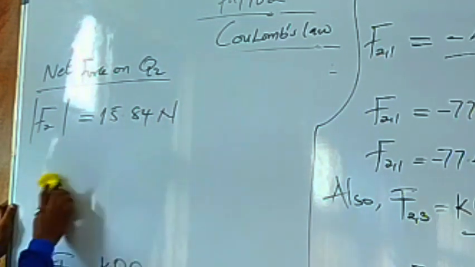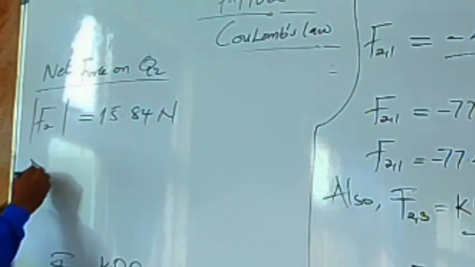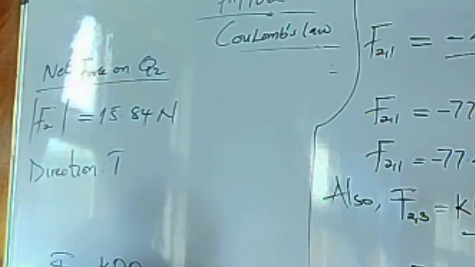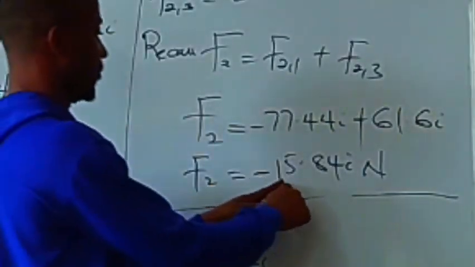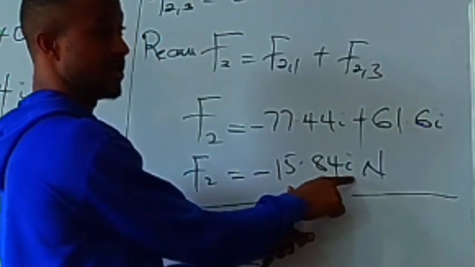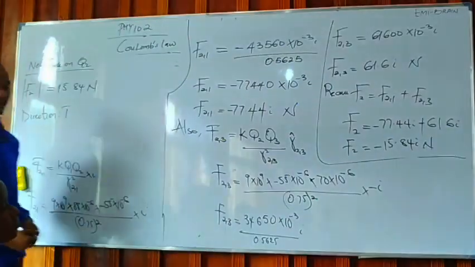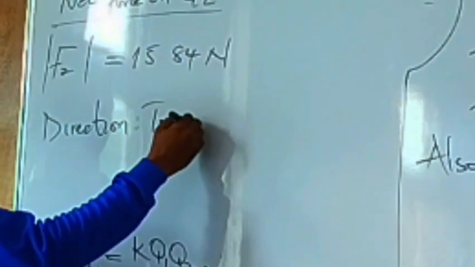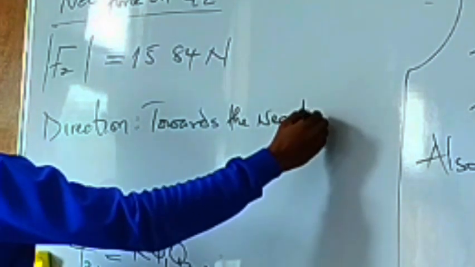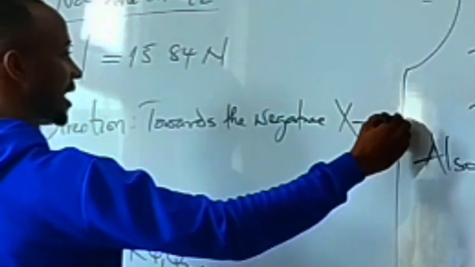Then the direction of this force becomes what? Because we have this value 15.84 as our net force, the direction is minus i. So we have towards the negative x direction.